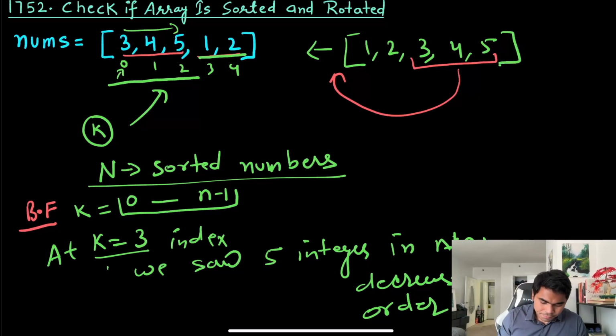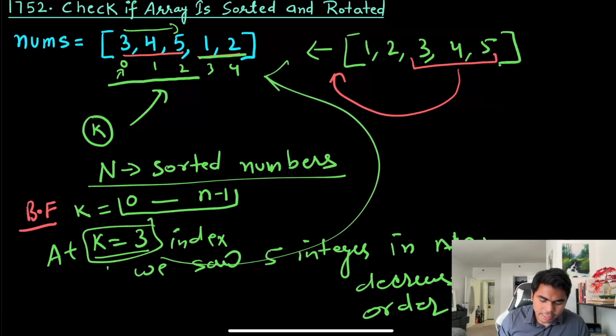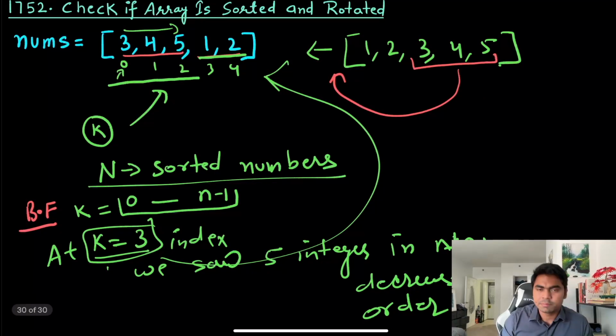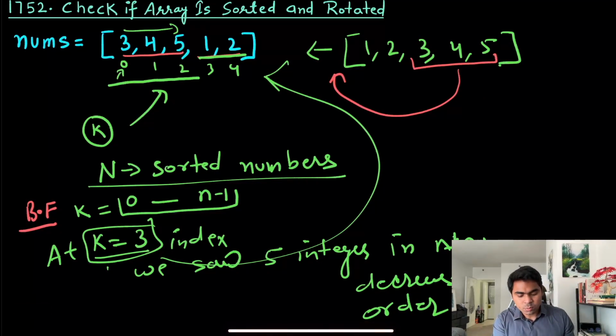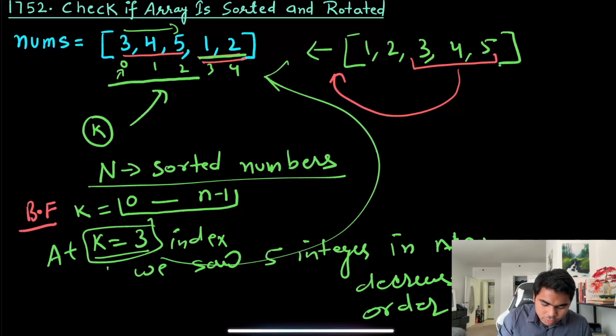That is why this will prove that this is a rotated sorted array, because starting here I should be able to see, at least once, n number of values if it was a sorted rotated array.